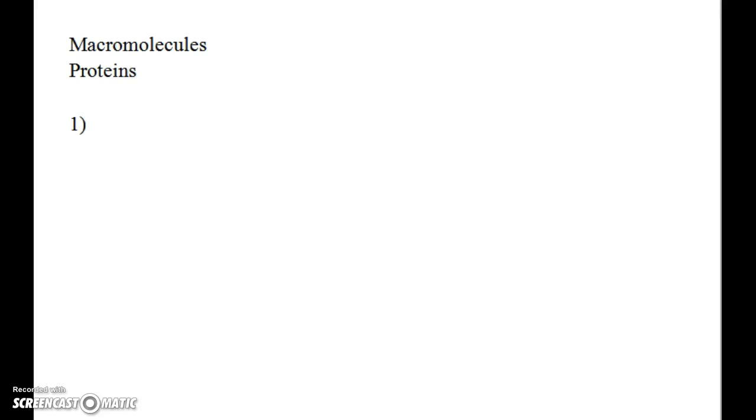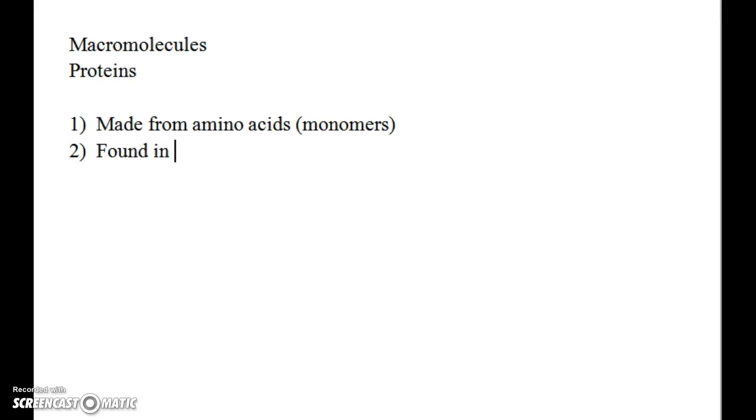First off, proteins are made from amino acids, and amino acids are monomers. 2, they are found in meats, dairy products. We'll stop right there. Found in meats and dairy products.